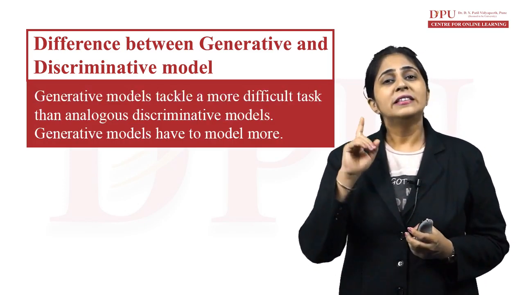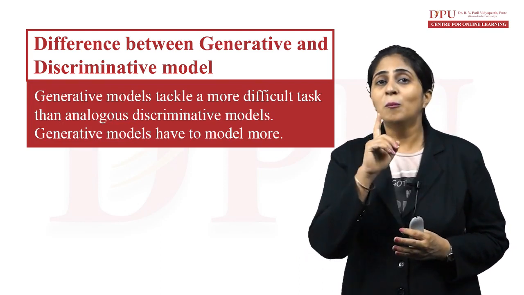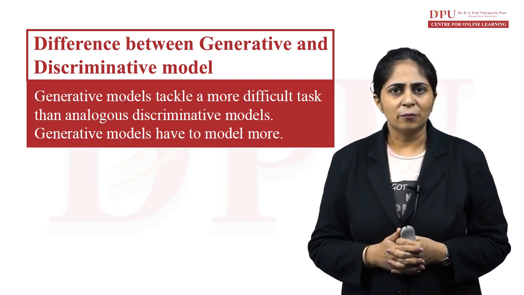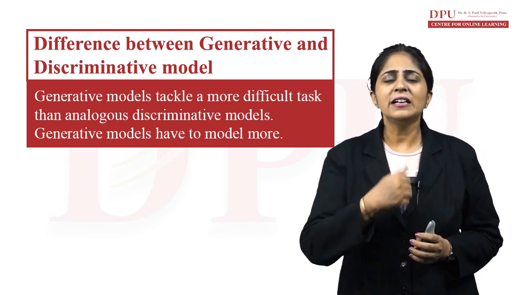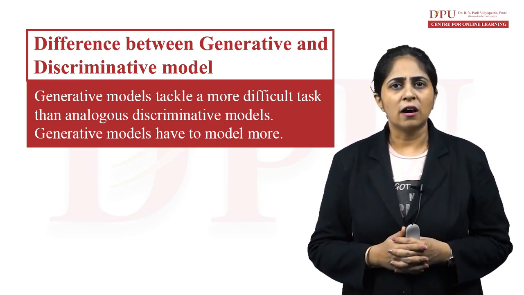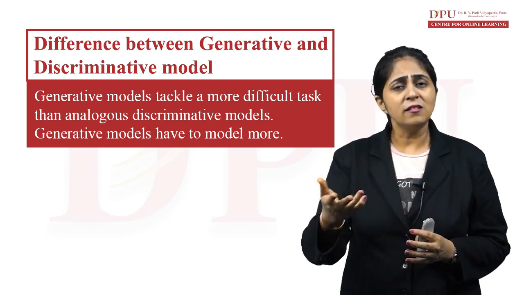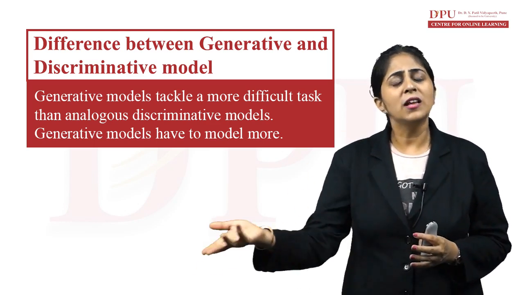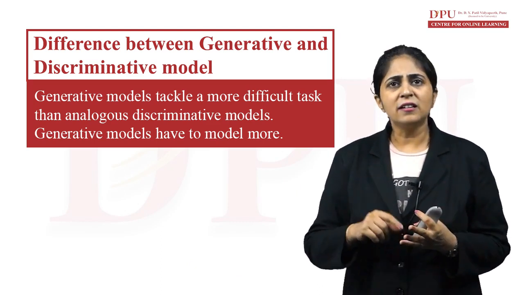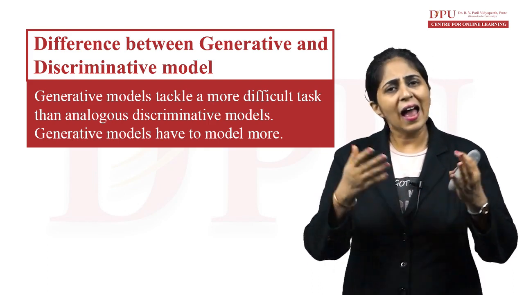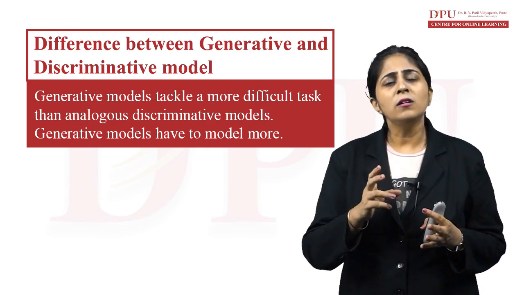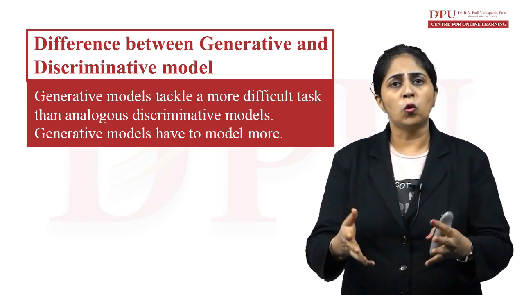First of all, a generative model tackles a more difficult task than the analogous discriminative model, because it is generating new data which is similar to our original data, or generating the probability of similar data that can appear. So the generative model has more to offer.